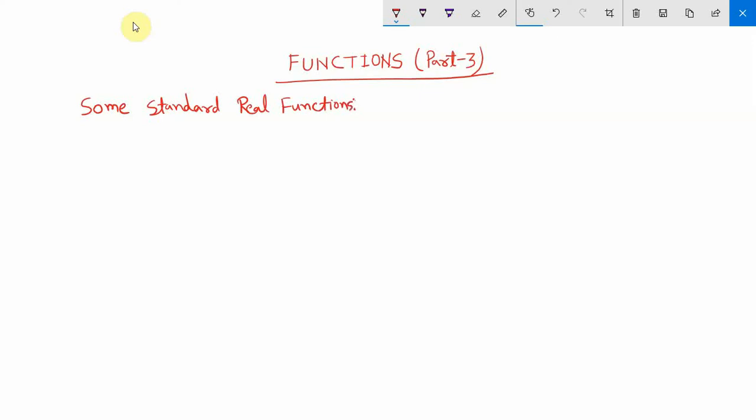Under this topic, the first function we are going to discuss is constant function.